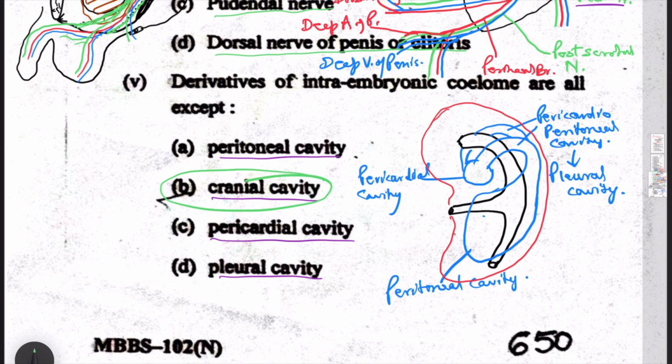So the cranial cavity is formed secondarily. It's not derived from the intraembryonic coelom. So the answer here will be cranial cavity.